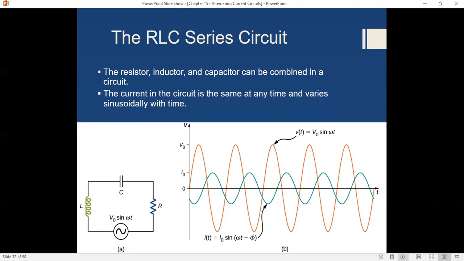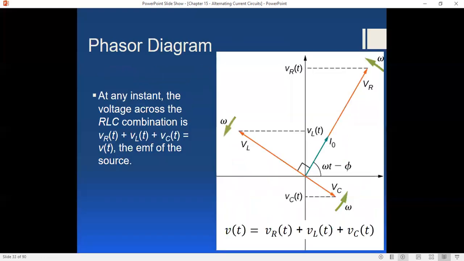But basically, there is going to be a difference between what the current is doing, so a phase angle right here, and what the voltage is doing. So the peaks and valleys don't necessarily line up unless our phase angle is 0.